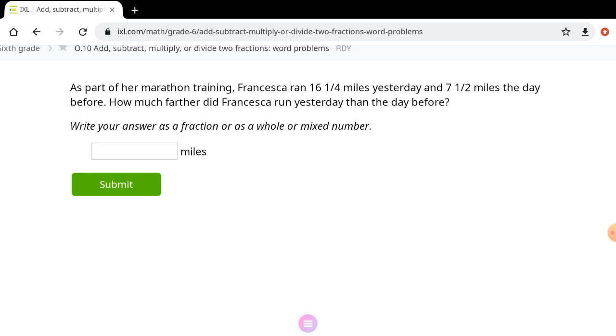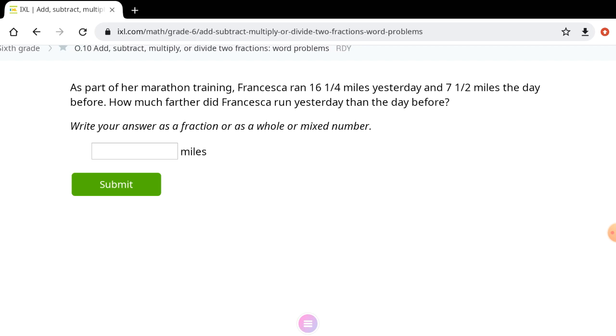But then which words tell me what I'm doing? What words up there give me the words that I need? Naomi? How much? Not how much farther. How much farther tells me we're going to be doing what? Subtracting. And it says yesterday than the day before, so it's yesterday minus the day before.